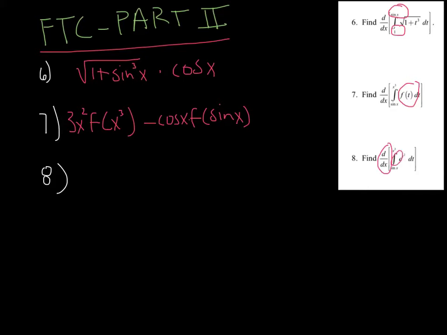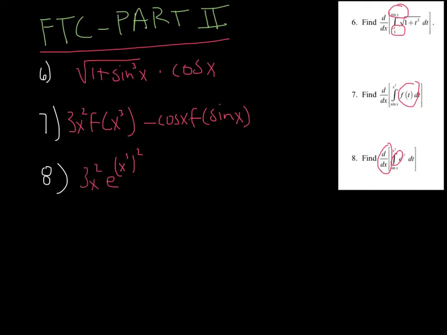So here you end up having e to the t squared. So t you're going to replace with x cubed. So this is going to be x cubed quantity squared. And then you have to multiply by the derivative of x cubed, because that's the upper limit. Once again, when you have something that is not just an x as your upper or your lower limit, you have to apply the chain rule. So that's going to be 3x squared.